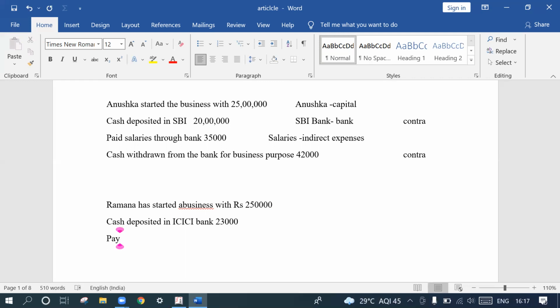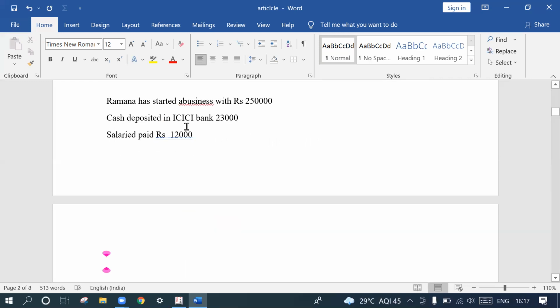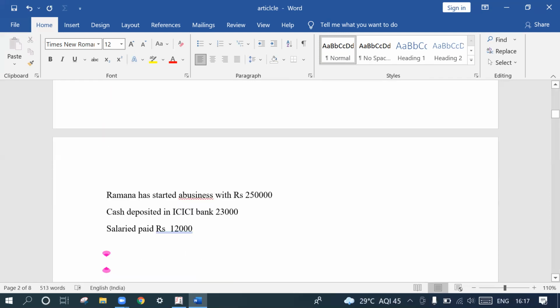Next, payment of salaries paid. Rupees 12,000. And yes, we shall take another one.